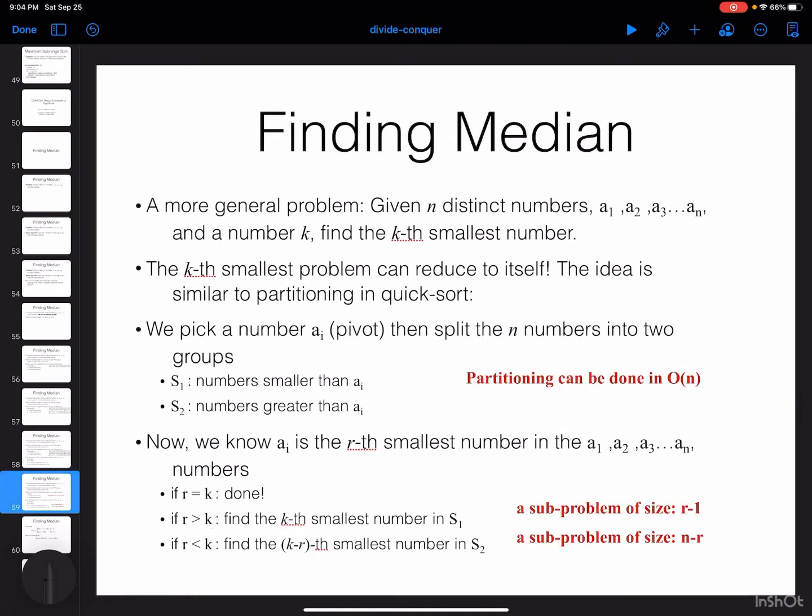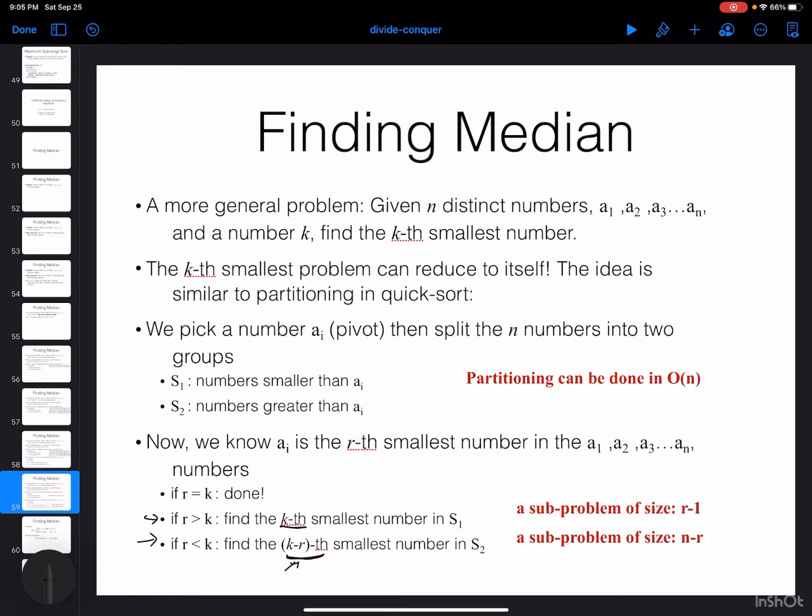Okay. So these 2 subproblems are exactly the same subproblem, just changing the argument. The size of the problem will change, and also the kth argument might change. Here you will still look for the kth item. Here you need to change it to the k minus rth item. This is an argument to the problem, so it can be changed.